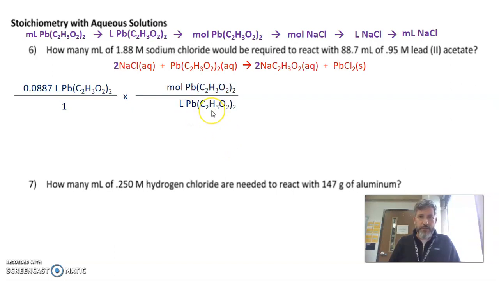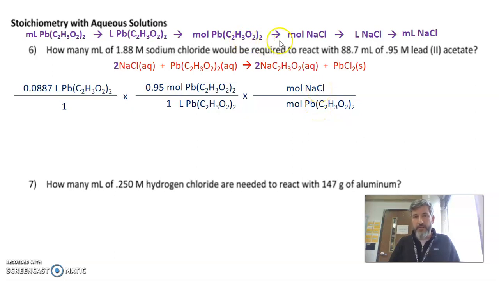Okay, so hopefully you said liters we're trying to cancel and moles is what we're trying to get. My plan says that, right? And then what do you think we're going to do in terms of filling that in? Okay, so it's going to come from the molarity. The 0.95 molar means 0.95 moles per 1 liter. All right, so then my next step, I'm going to go from moles of my lead 2 acetate to moles of sodium chloride.